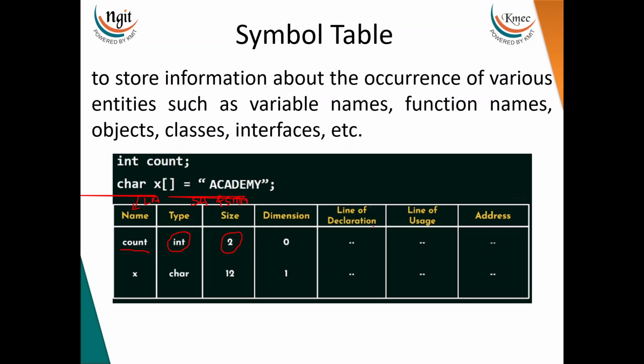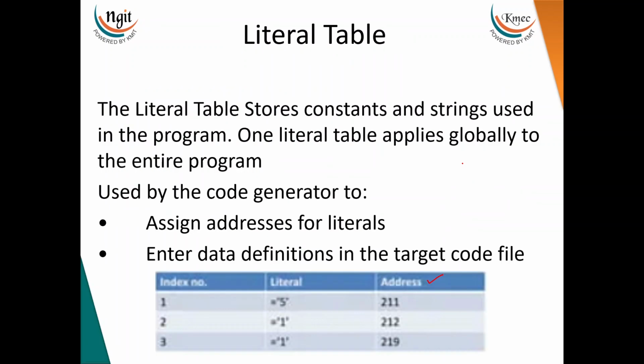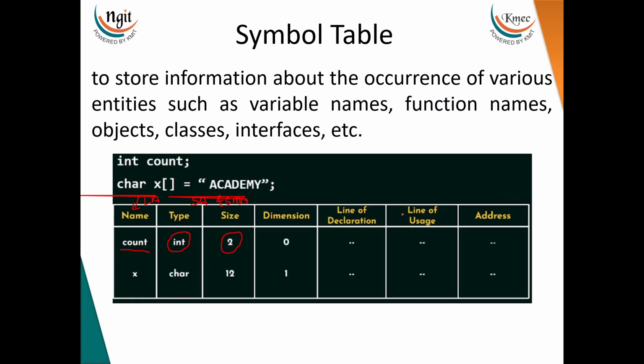So, for example, where this literal table comes into the picture, meaning where you don't have the symbol table with all the properties, first is lexical analysis. Whenever an identifier is detected, it uploads the information into the symbol table.